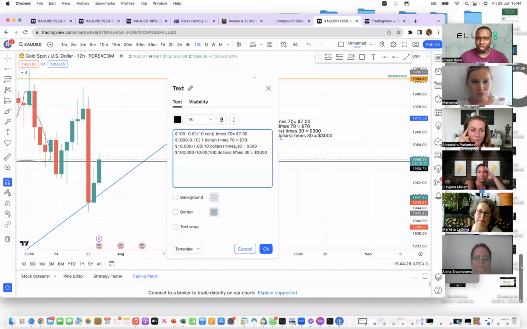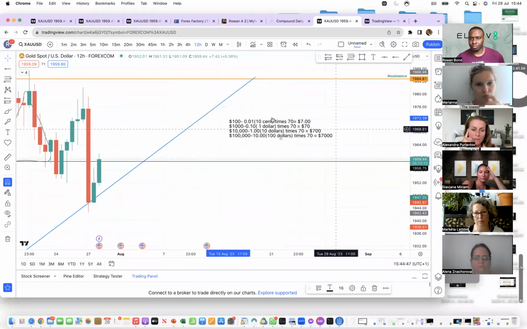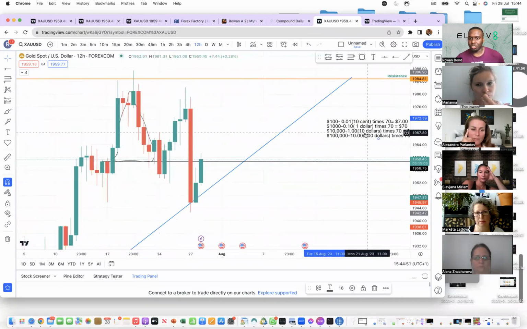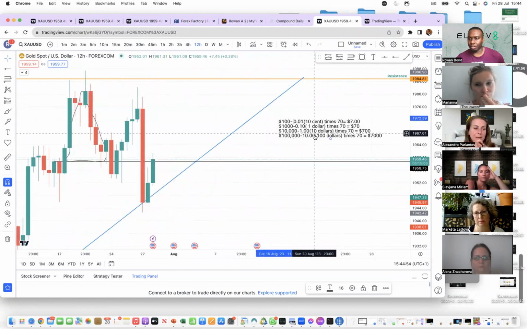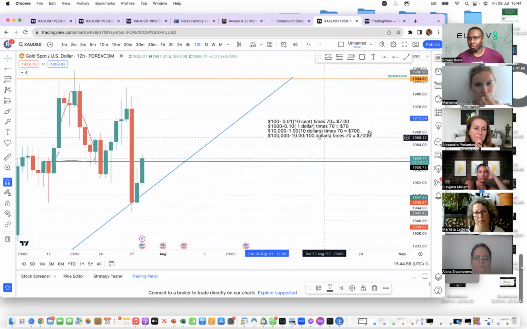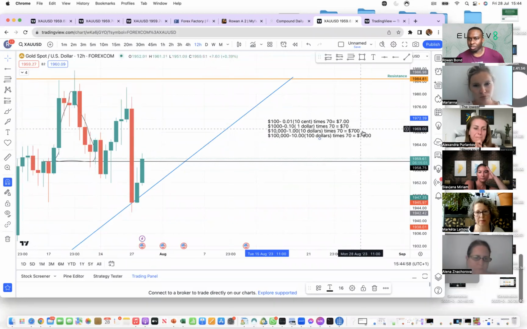You have a $10,000 account, it equals $700. You have a $100,000 account, it equals $7,000. The skill set didn't change, just the amount of money that you have in your account changed. But it's the same movement can now make you these different types of income.